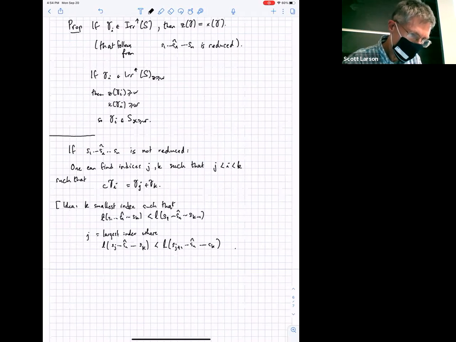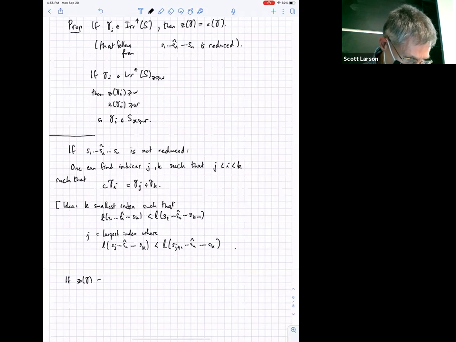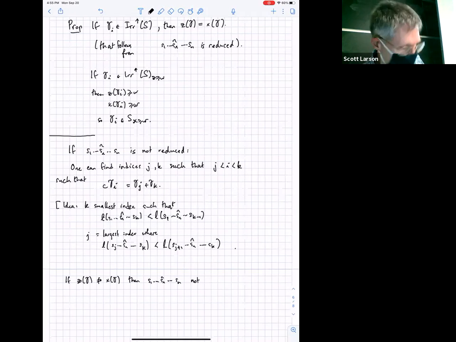And so the point is that if z of gamma I is not equal to x of gamma I, then this implies that S1 up to Si hat is not reduced, because as before, if they're reduced, they're equal.